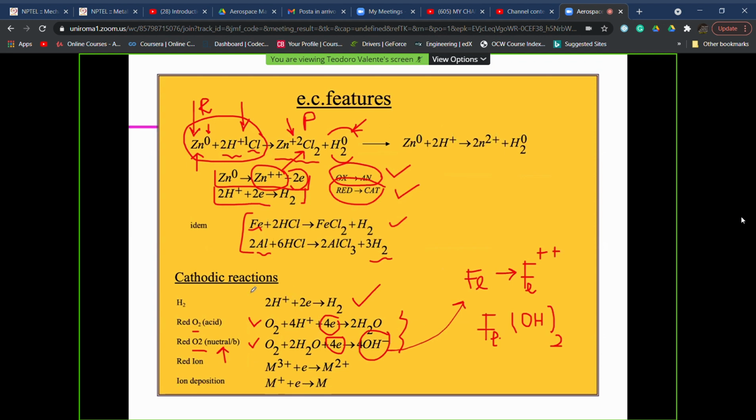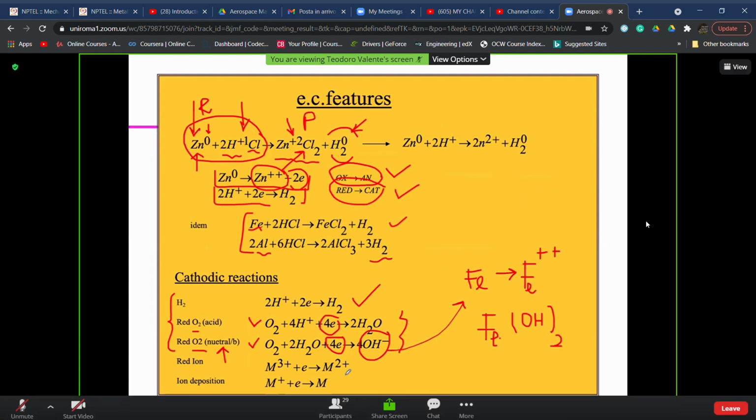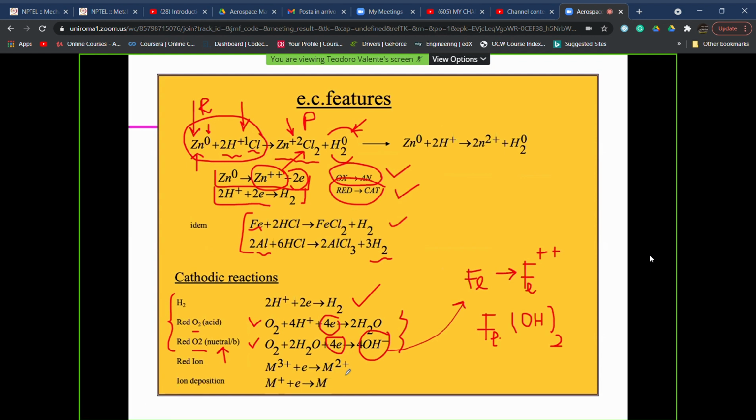Apart from this, the most important, that is reduction of hydrogen or reduction of oxygen, there could be also other reduction reactions. The concept is that there is something which is able to consume our electrons which are left from the anodic oxidation. If, for example, in our solution other metallic ions are present, because we have put these metallic ions inside the solution, these metallic ions can consume the electron.